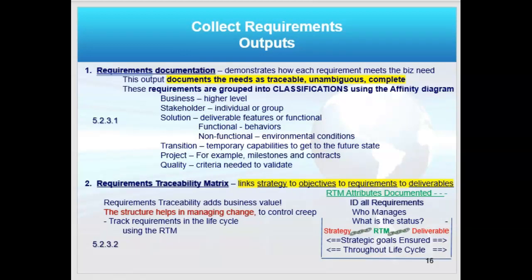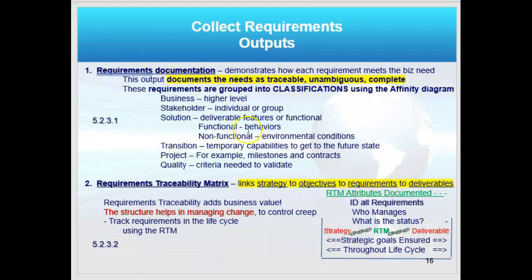Now, to collect requirements, my outputs are two: my requirements documentation and a requirements traceability matrix. The requirements documentation documents the needs as traceable, unambiguous, complete. Remember the definition of requirements? This is where I'm documenting those needs as traceable and complete and unambiguous.